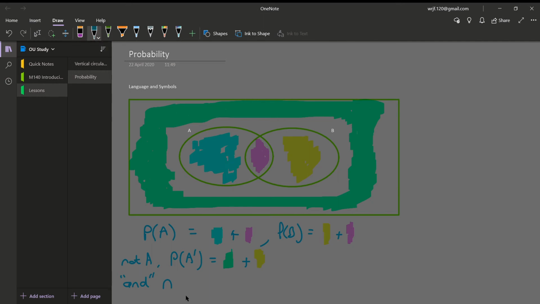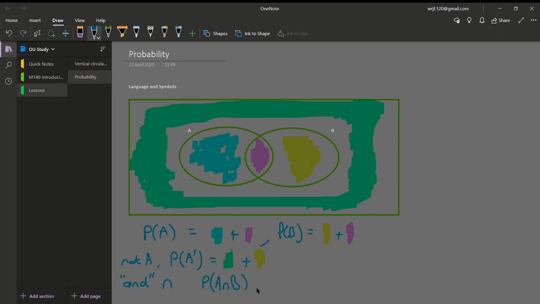And so I might talk about, for example, the probability of A and B. And when we talk about ands in probability, we mean that both of the things must have happened. So it's not either one or the other of them, and possibly both. If I say A and B, I must be including both of those things.